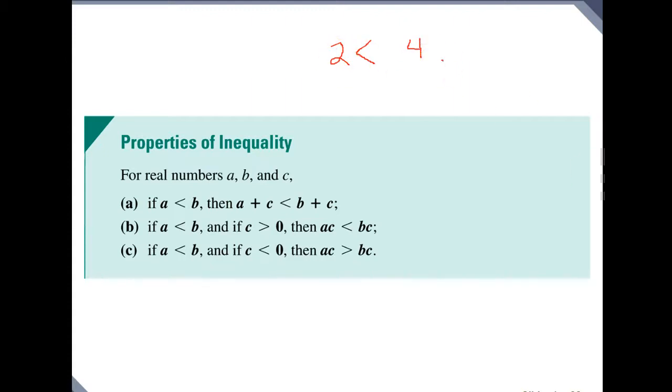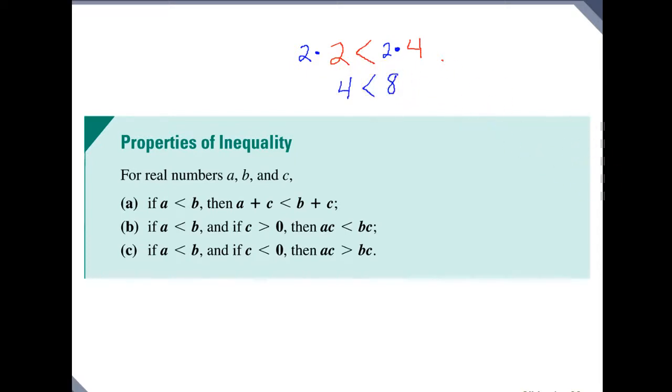And I think you'd all agree. Now, if I multiply this by a 2 on this side and a 2 on this side, this now becomes 4 is less than 8. And that is still true.